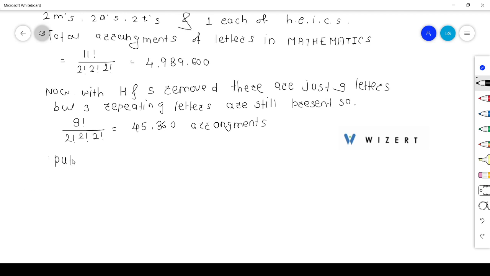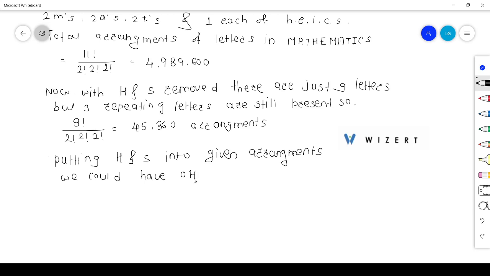Now, putting H and S into given arrangements, so we could have the arrangement like this: 0 letters before H, in between H and S 3 letters, and after S there will be 6 letters, or before H there will be 1 letter, in between H and S 3 letters, and after S there will be 5 letters, like that.